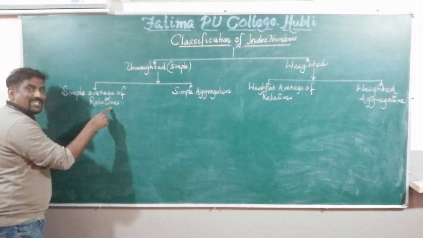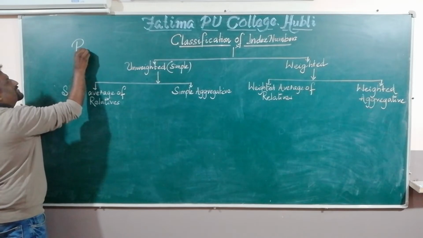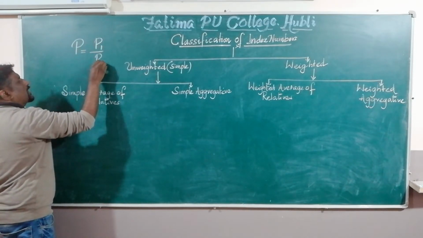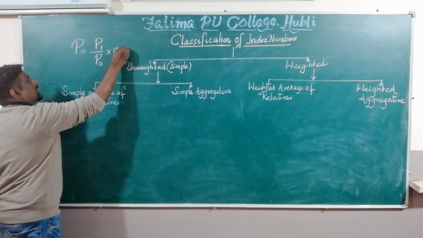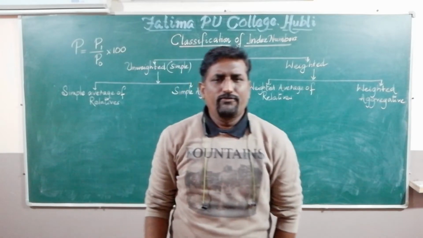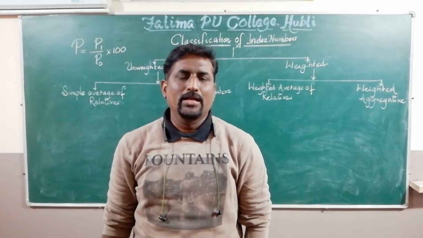Simple average of relatives. You know, the price relative formula is given as P = P1 upon P0 into 100, students. Is it right? In the last class we learned that the price relative formula is given as P = P1/P0 × 100.